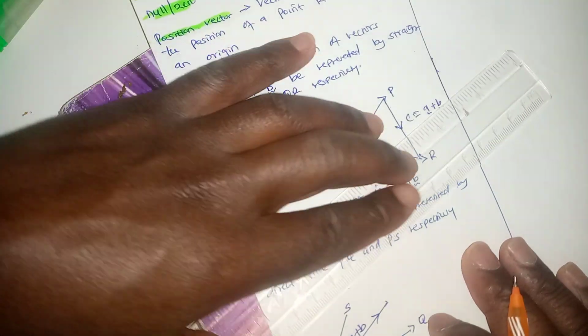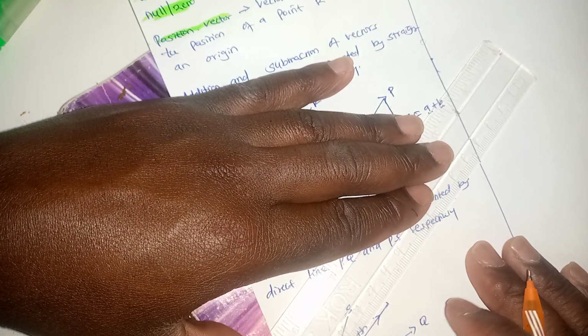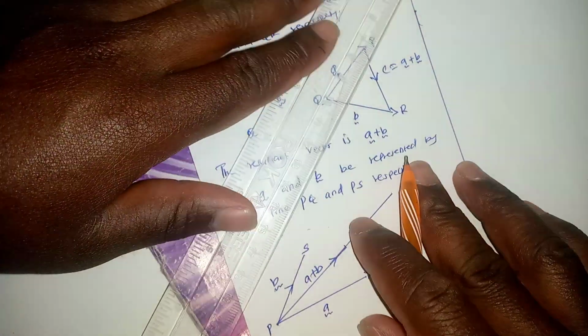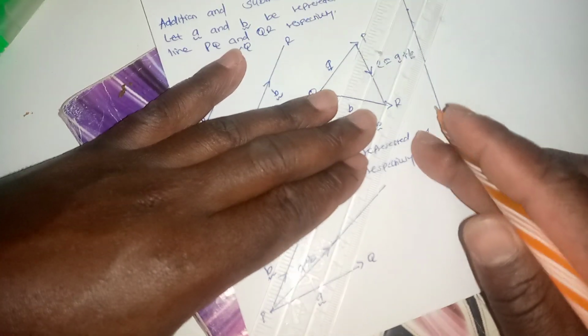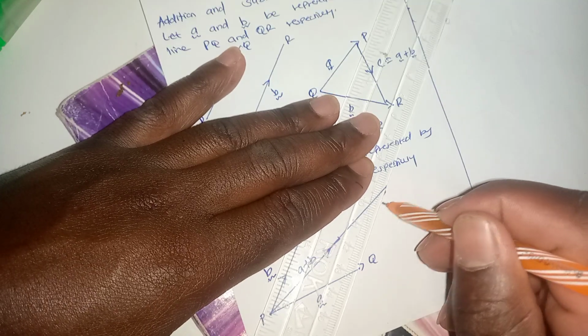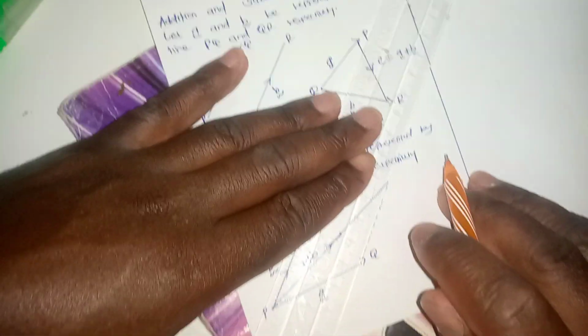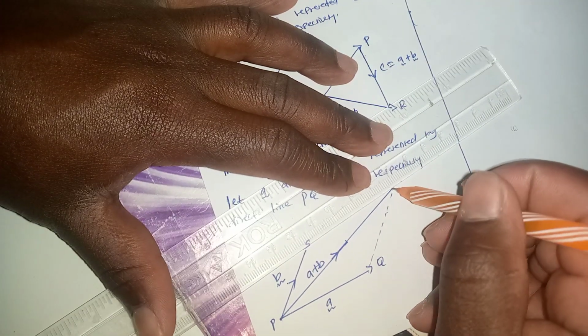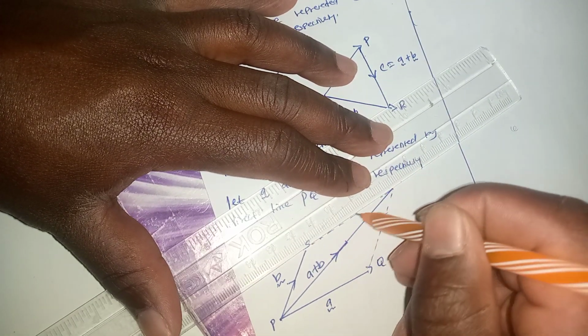Now we can complete it as a parallelogram. We extend this line further like this, and we complete this with a dotted line, and this one with a dotted line.